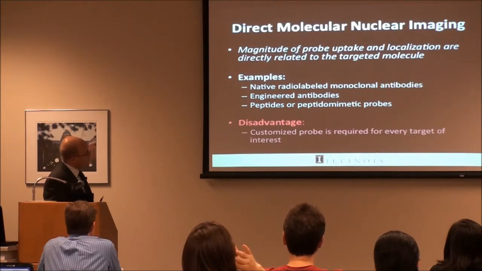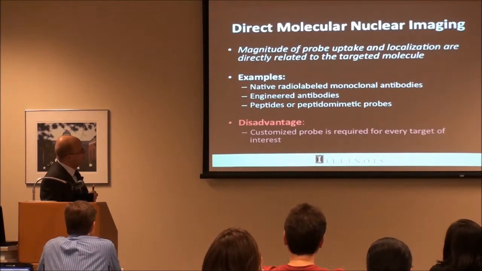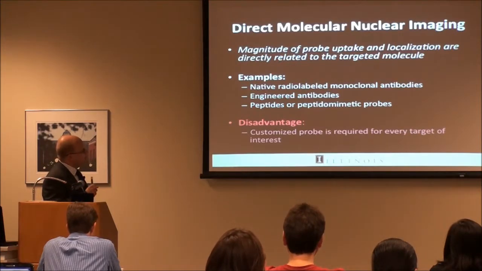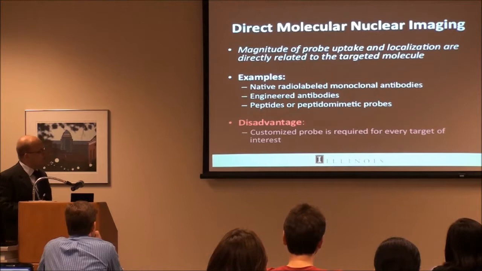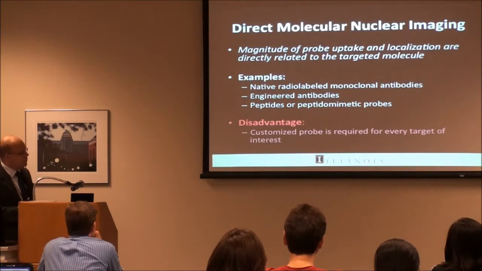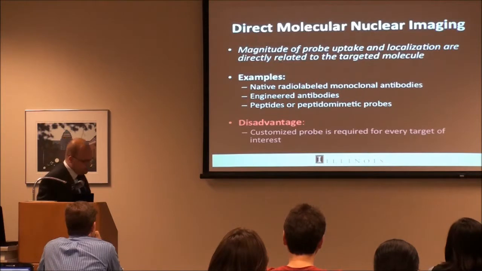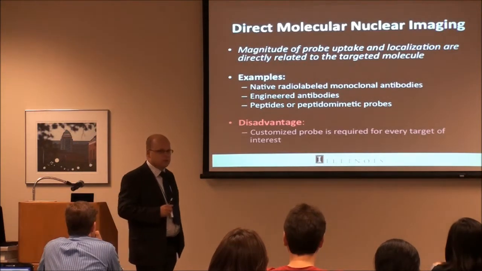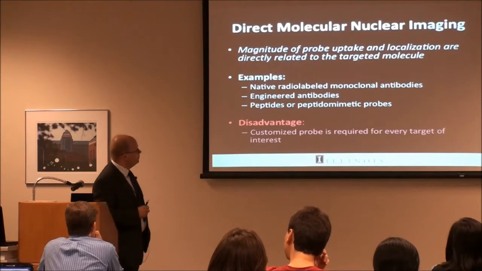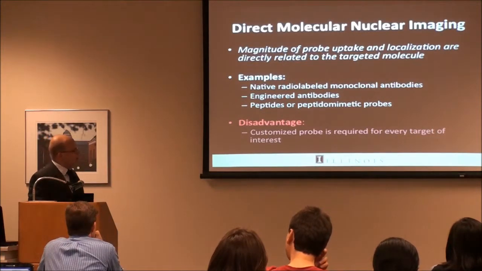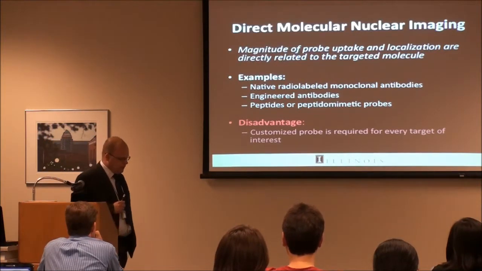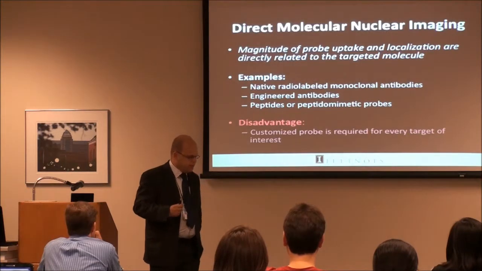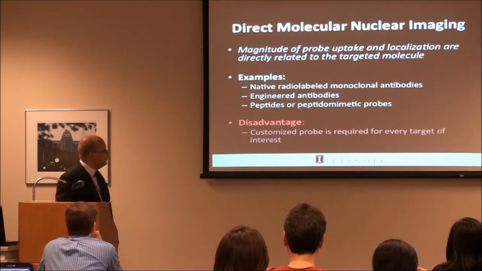So first, direct molecular nuclear imaging. The direct technique involves probes for which the magnitude of probe uptake and the localization are directly related to the targeted molecule. Historical examples are native radio-labeled monoclonal antibodies used in the 70s of the last century, because they had been in use for some time, but they also had very undesired effects, like a very long circulation time, which prohibited the imaging.